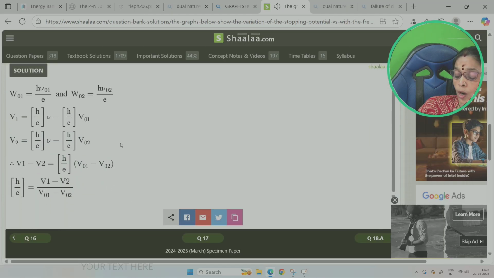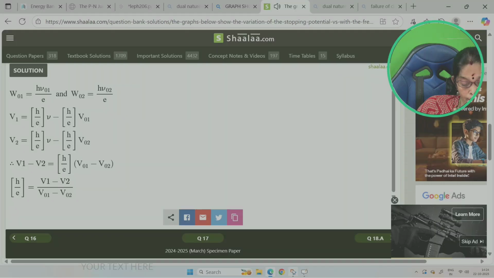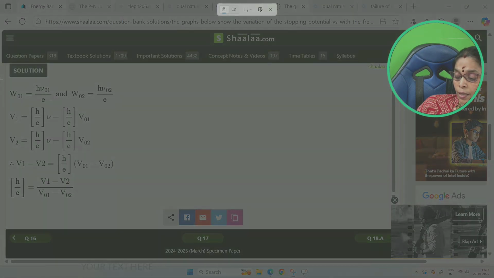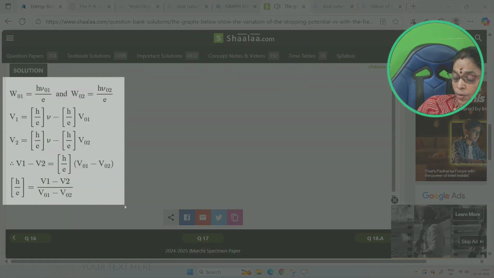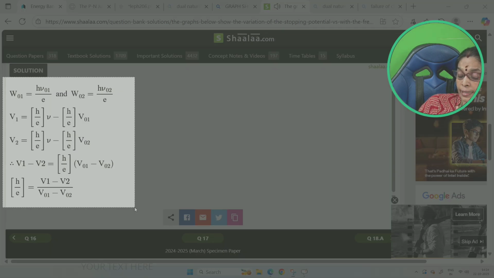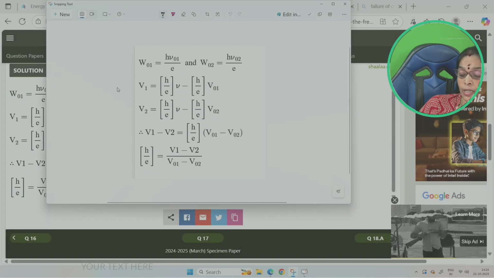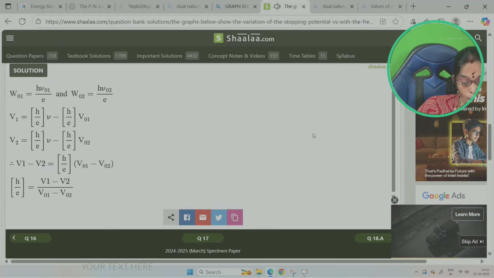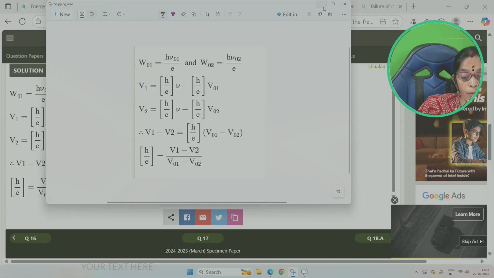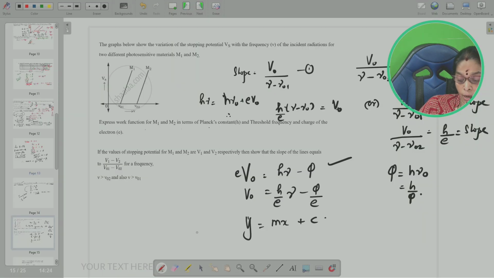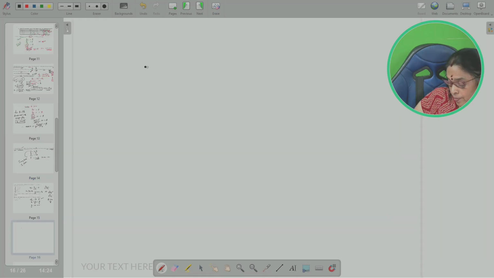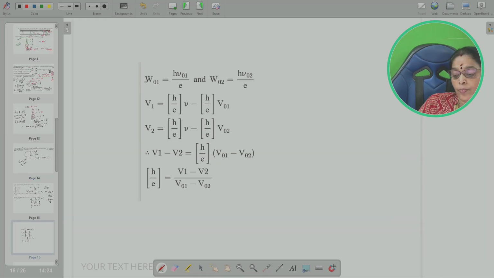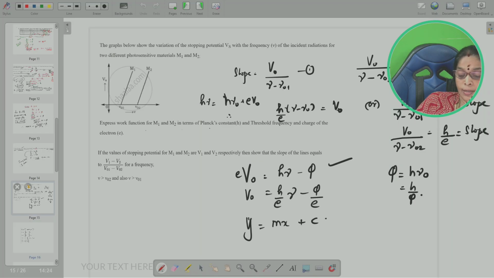So this is h nu naught 1 by e, and this is h nu naught 2 by e, and V1 is equal to h by e into nu minus h by e into nu naught 1, because V1 is nothing but h nu minus h nu naught 1. So that is how we need to do it. We will just go back to the board and then you can get this. Like this, you can learn the same thing. The same thing I have given in the same way.